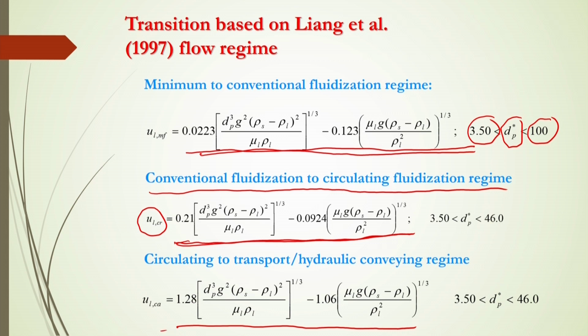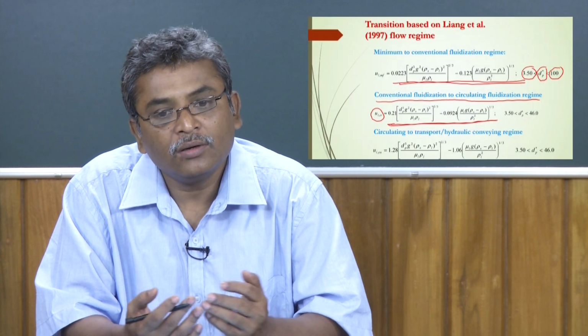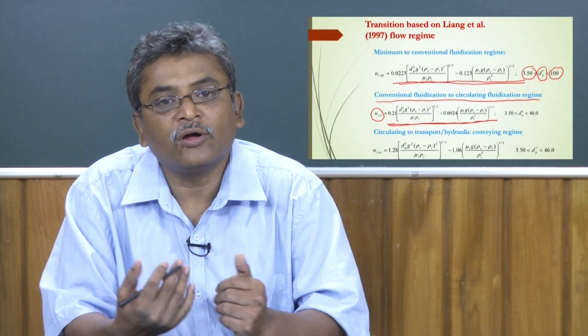In this case also you have to calculate the velocity from this correlation, by knowing the viscosity of the liquid, particle diameter, even solid density, and calculating by this equation what should be the value. If your liquid velocity is greater than this value, then you can say your fluidization will be operating in the hydraulic conveying regime.